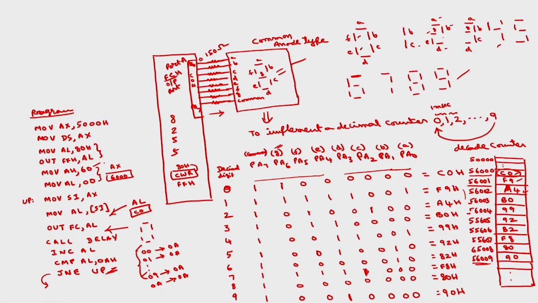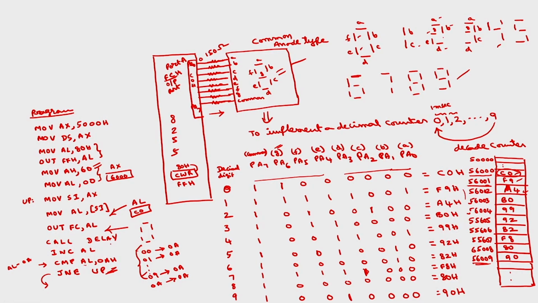This up should be here. In AH permanently 60 is there, in AL we have this 0A, so that is to be taken into the contents of SI. So SI will be pointed to this 0601. After this instruction AL minus 0A is performed, but the result is discarded.